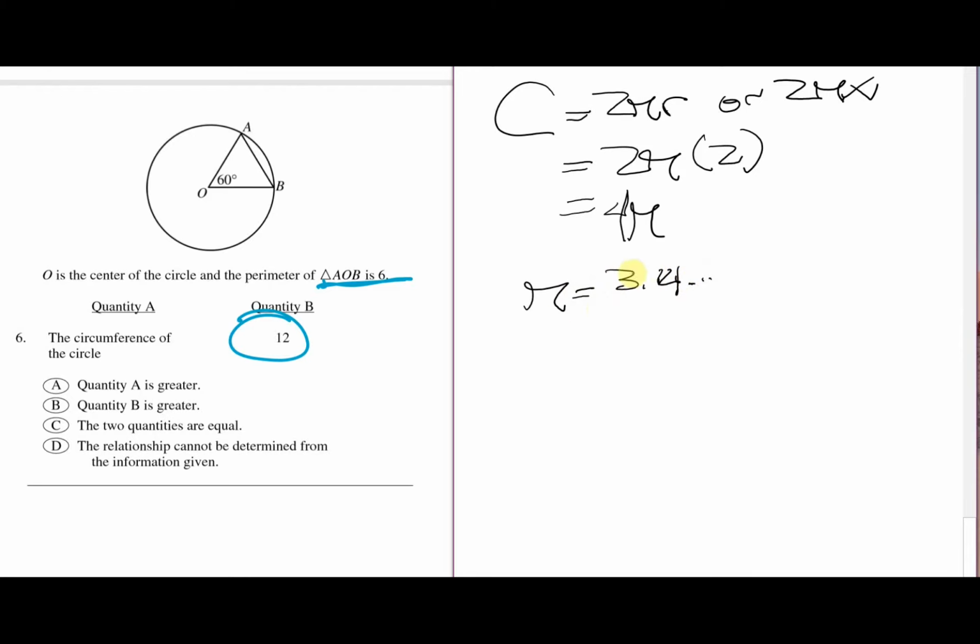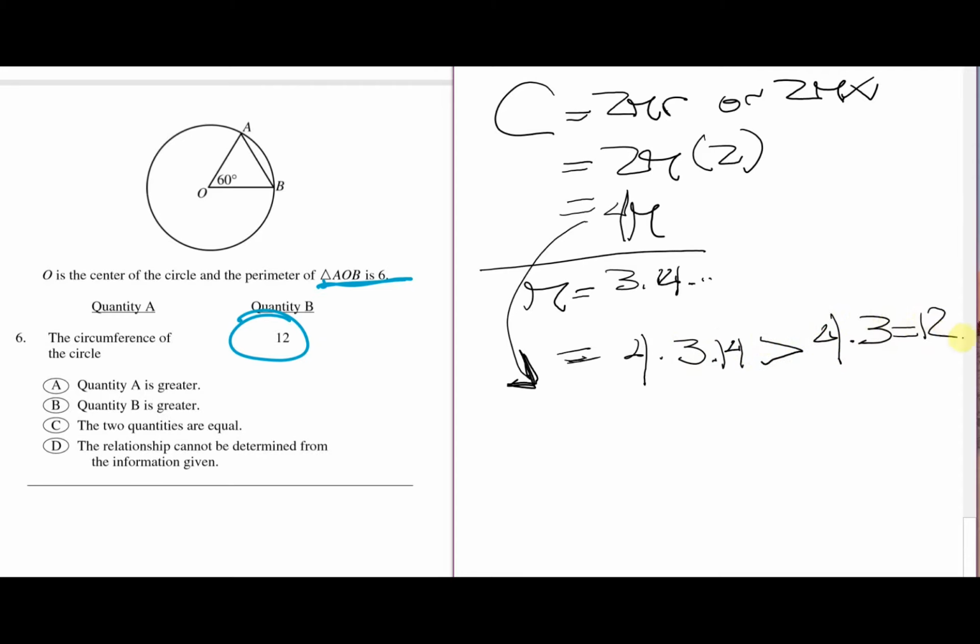So this happens to be equal to 4 times 3.14, which is greater than 4 times 3, which is 12. So this is A, greater than B, which is 12. So that's a way to solve that problem.